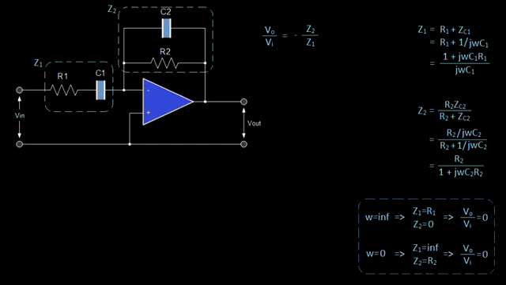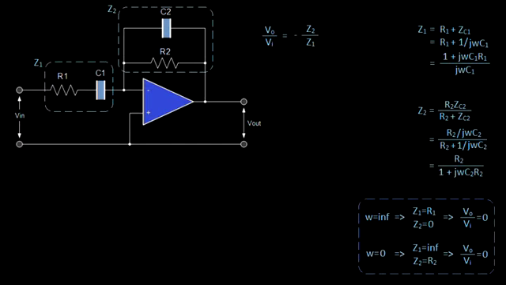So as we know, as frequency approaches infinity, the impedance of a capacitor goes to 0, in other words, a short circuit, and as frequency goes to 0, the impedance of a capacitor goes to infinity, or otherwise an open circuit. So using these equations for Z1 and Z2, we can do a quick analysis for how the circuit is going to behave at very high frequencies and very low frequencies.